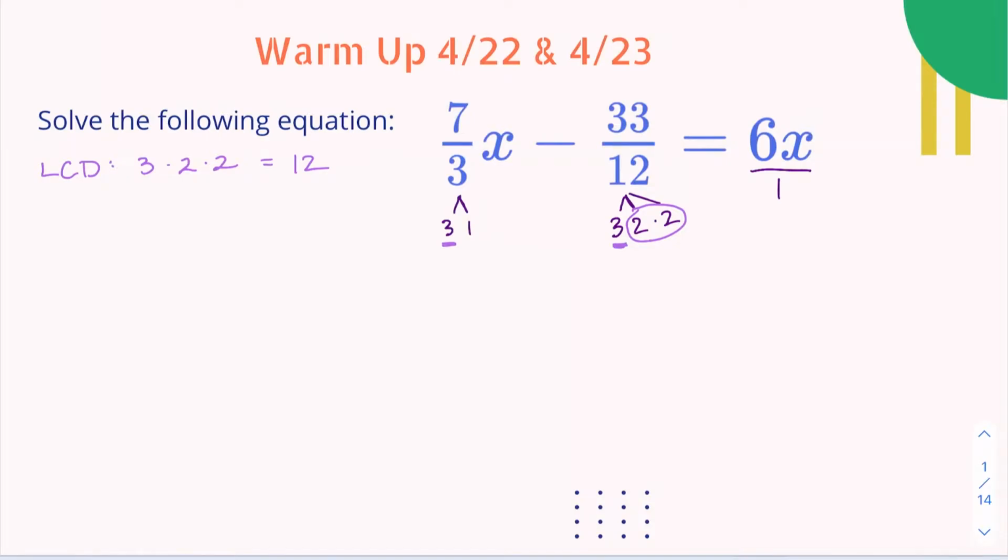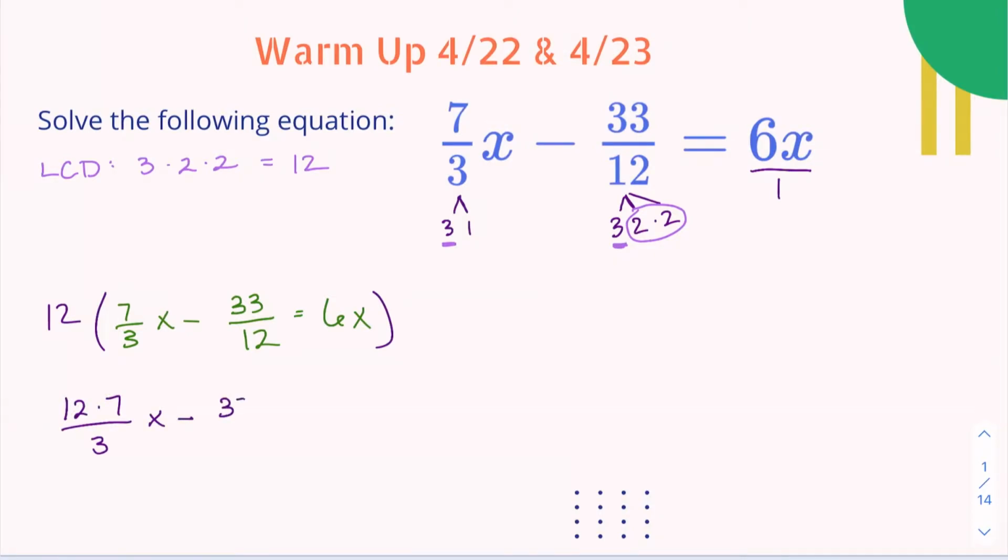So if I take 7/3 x minus 33 over 12 equals 6x, and I multiply the whole thing by 12, I'm going to have 12 times 7 over 3x minus 33 times 12 over 12 equals 12 times 6x.